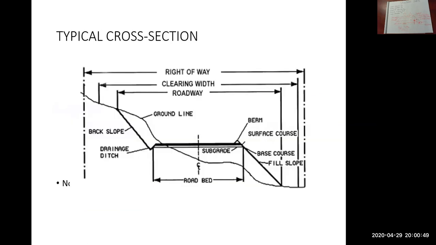This photo here shows a typical cross section that has a cut component as well as a fill component. This squiggly line here is the original ground surface.